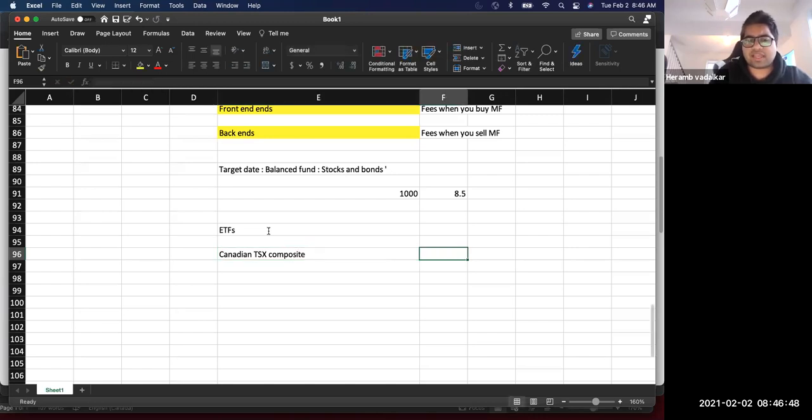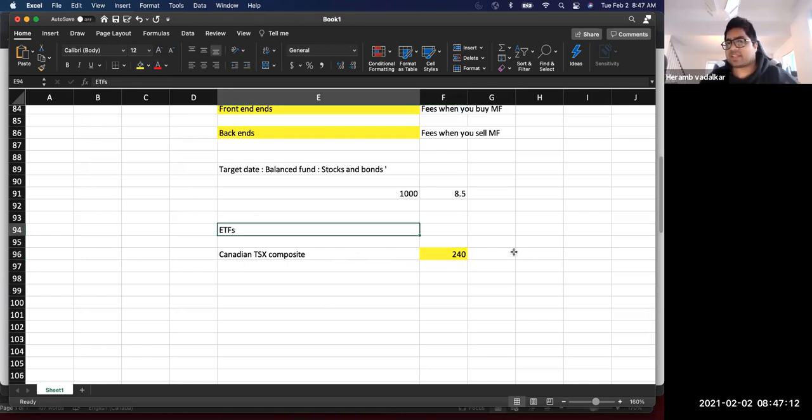It will generally have 240 odd, the biggest 240 companies in Canada. So it will invest in large cap stocks in Canada. It changes a bit, but essentially it tracks 240 companies in the Canadian stock market. So you can invest in that using an ETF.